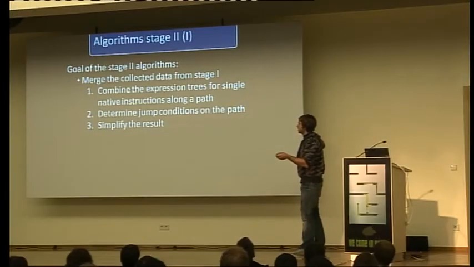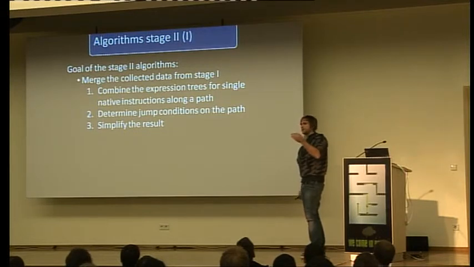What we use this for now is the stage 2 algorithms, where we take this data about single native instructions and merge them along a path, so that we have all the semantic information of all native instructions which are executed along a single path, and have complete semantic information about the instruction sequence later on.